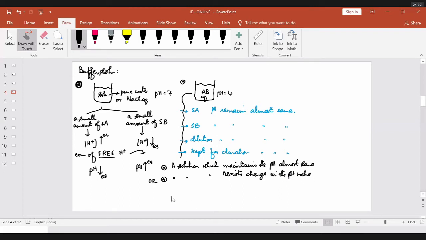No, sir, there is one more definition. IIT students enjoy this one.